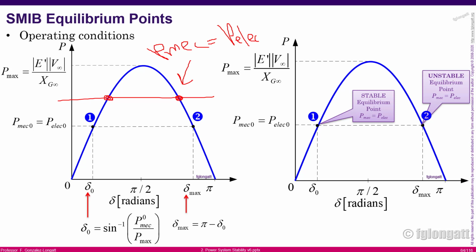We define those points as equilibrium. And there are some equilibrium points that are stable equilibrium points. I want the system working there. And there are some unstable equilibrium points that I don't want the system going there. Okay?